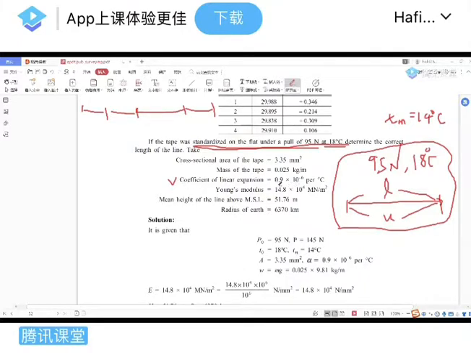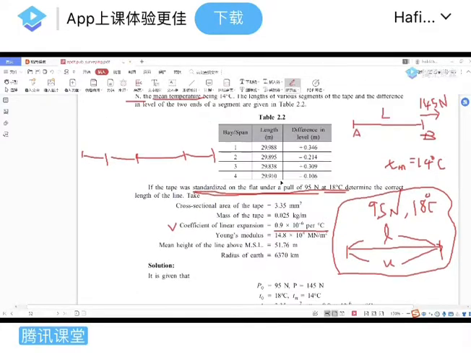Now he changed the unit. Previously the unit was Fahrenheit. Now you use Celsius. So if you use Celsius, you also have to change this value as well. Suppose they are the same material. If they are different materials, this value of course will be changed as well.